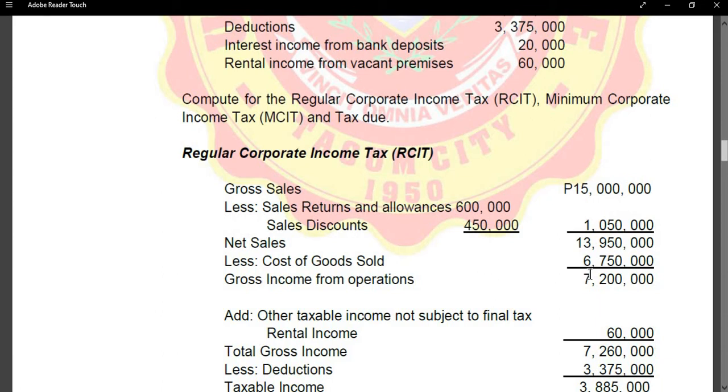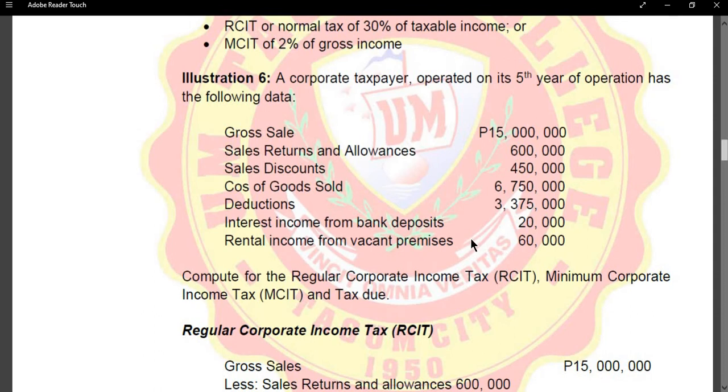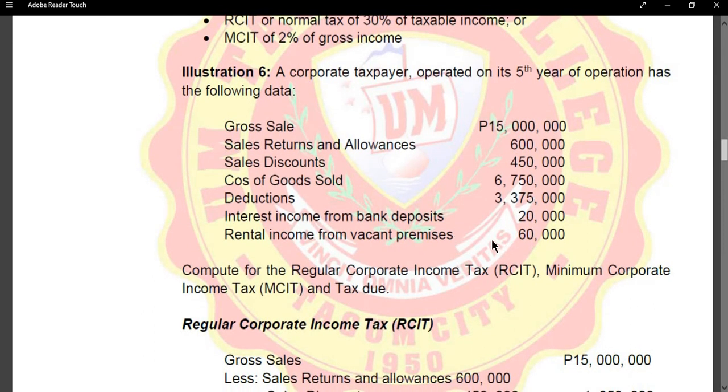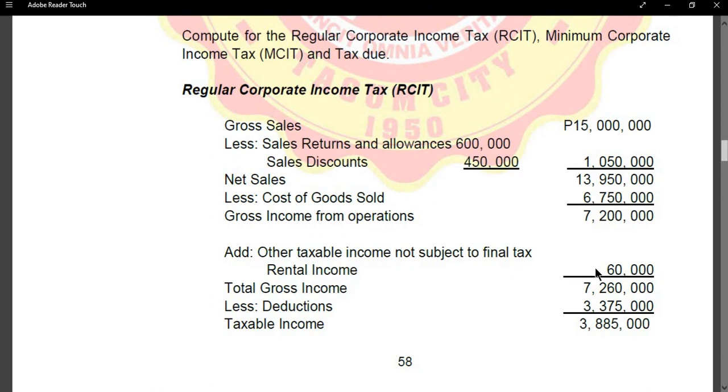So, hindi to yung taxable income mo. Bakit? Because you still have other income, okay? With other taxable income not subject to final tax, which is the rental income of 60,000 pesos. So you add 60,000 pesos, that leaves you 7,260,000 pesos as gross income.